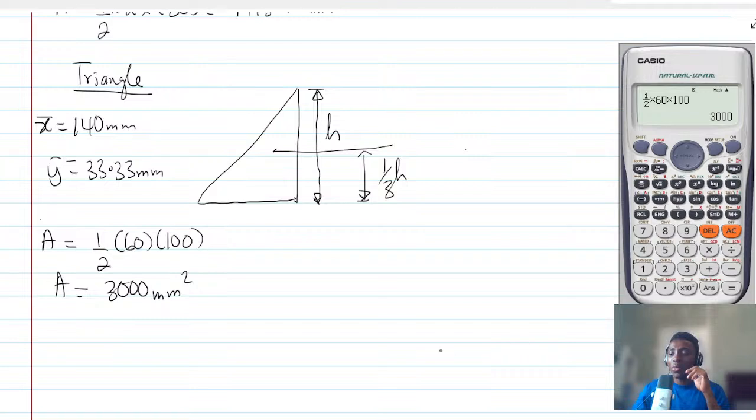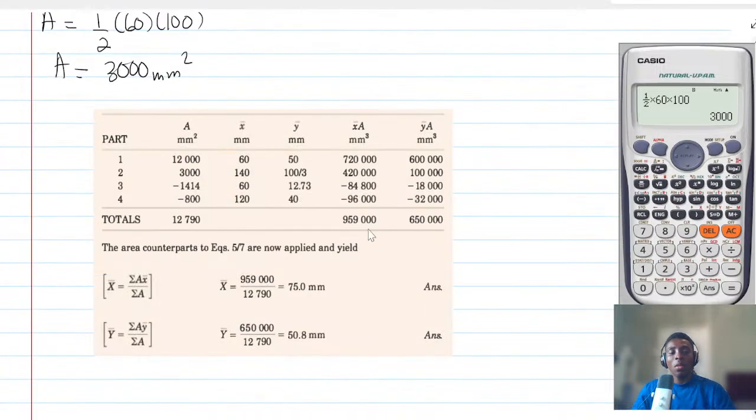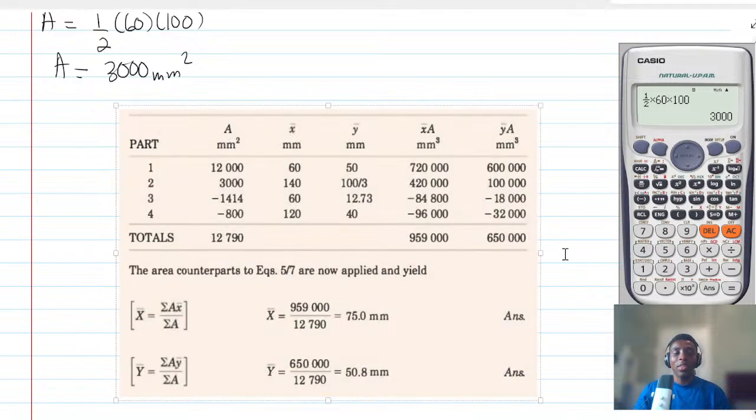So right now we have everything. So what we will do is that we will create a table. So this question is from a textbook, and this is what we are going to do.